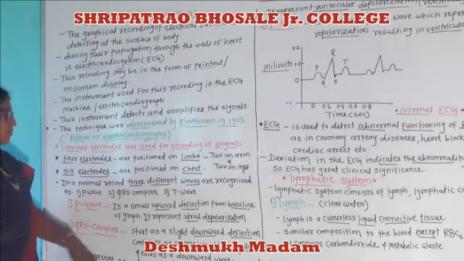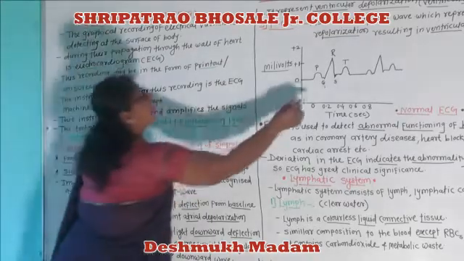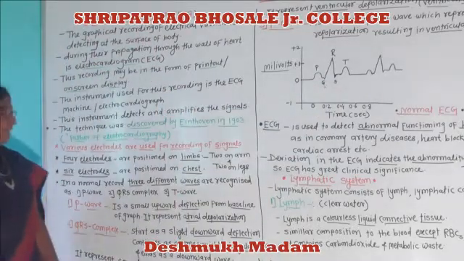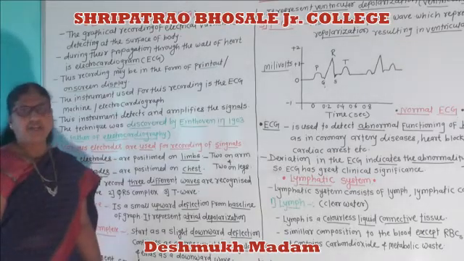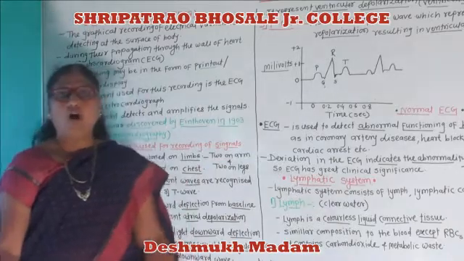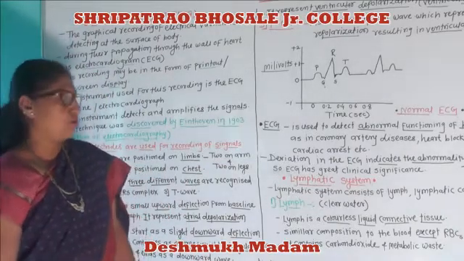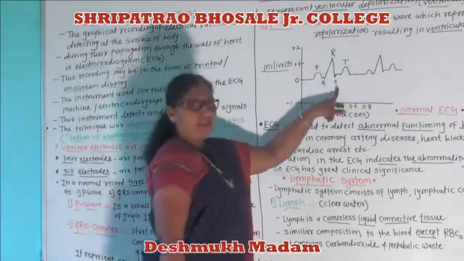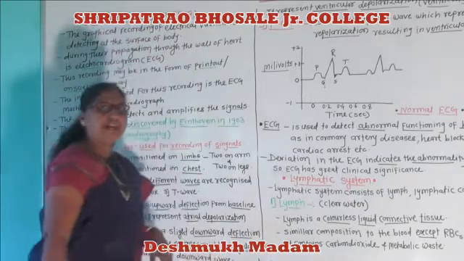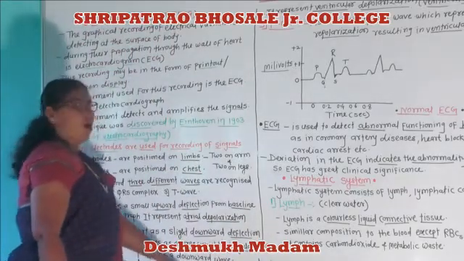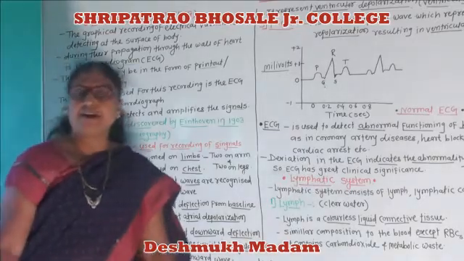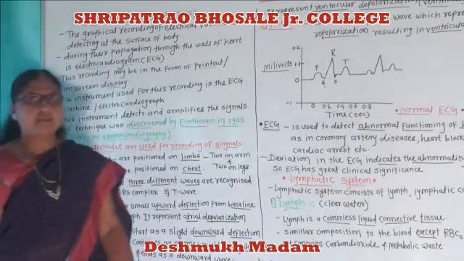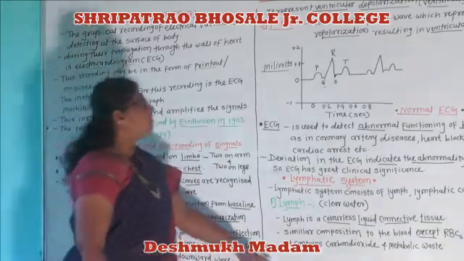The QRS complex represents the spreading of impulses from the SA node to the AV node, from the AV node to the bundle of His, and from the bundle of His to the Purkinje fibers.